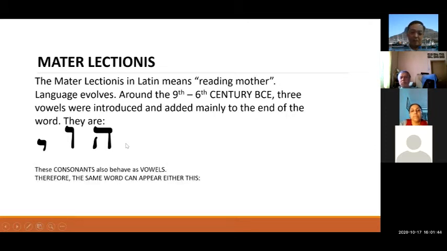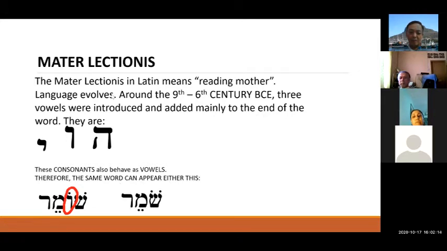Now, the three consonants behave, I say behave, as though they are vowels, but they are actually not vowels. They are still consonants. Therefore, for example, the word can appear either with the Mater Lectionis here, this is a holem vav, or it can also appear just like this.